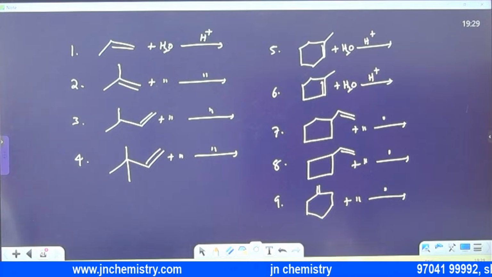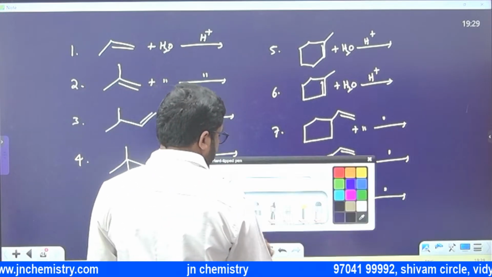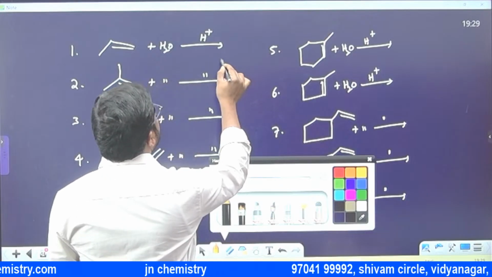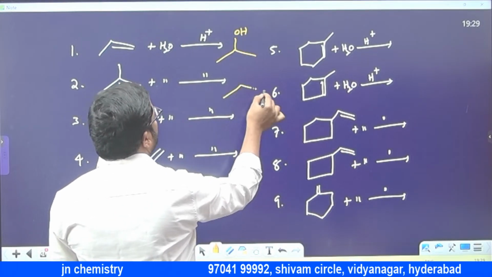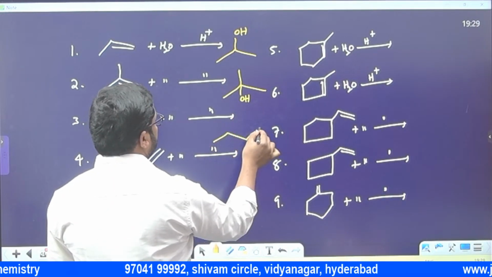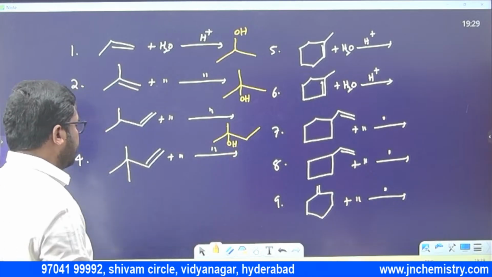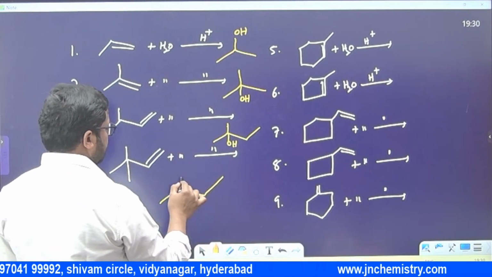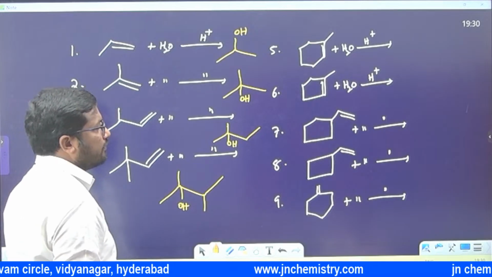Same as it is, I told you. What would be the products? Here is the OH. Directly I'm writing the products. If you have any doubts, let me know. Here the OH is coming. In this case, a methyl shift takes place.